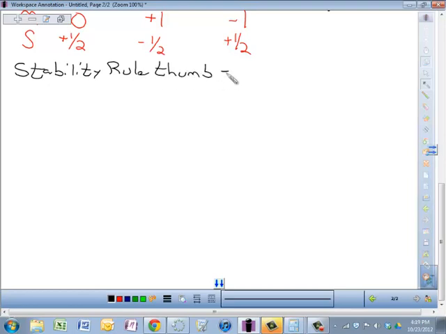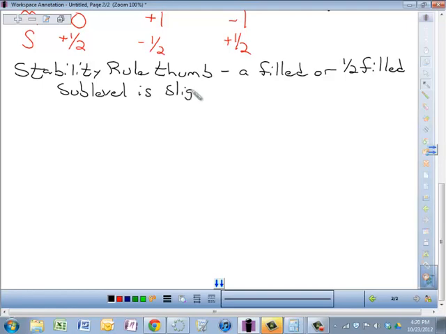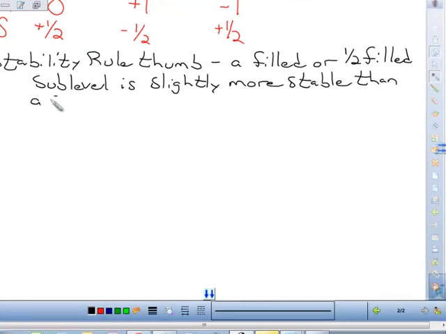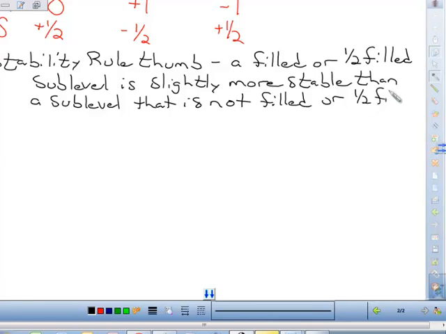That stability rule of thumb just states that a filled or half-filled sublevel is slightly more stable than a sublevel that is not filled or half filled.